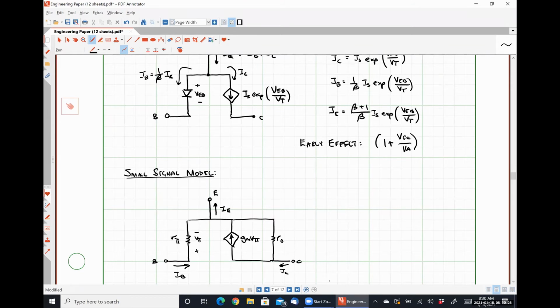All right, so let's look at a couple of example problems utilizing PNP transistors that might help us a little bit here.